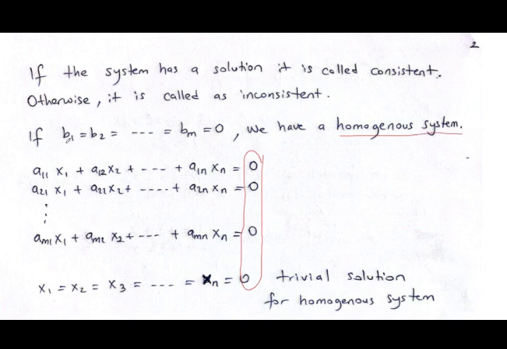And if we have a homogeneous system, basically we always have at least the trivial solution. The trivial solution means just plug in all x values equal to 0, and that's going to satisfy our system. So at least we have the trivial solution if we have a homogeneous system.